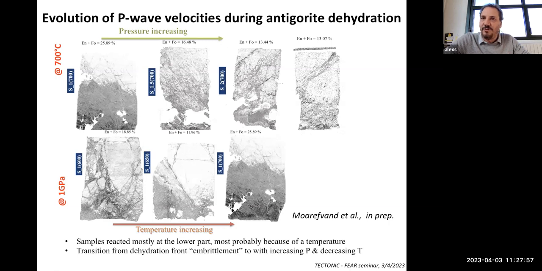making a reaction front. So again, this is showing that in our experiments, there is normally no differential stress, but there is because there is a temperature gradient.